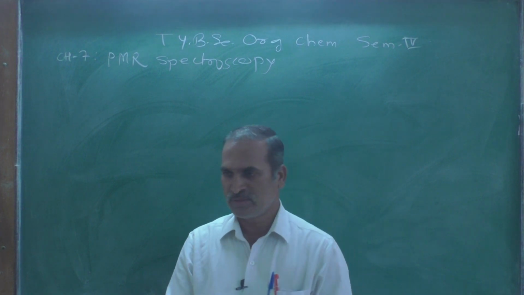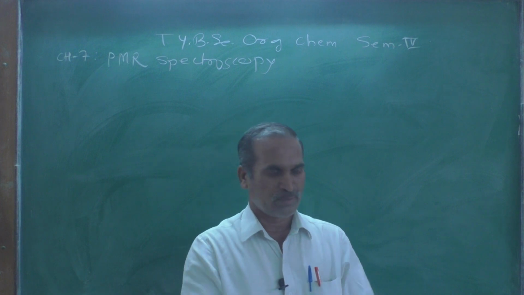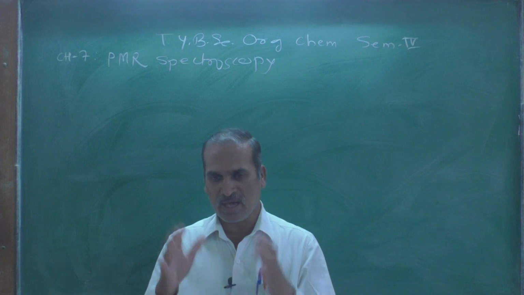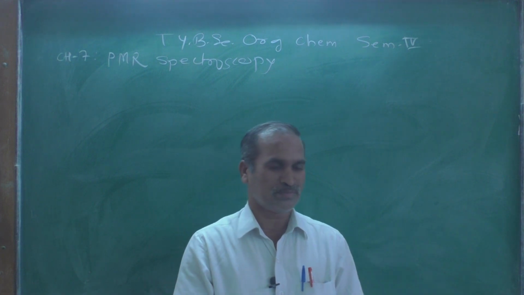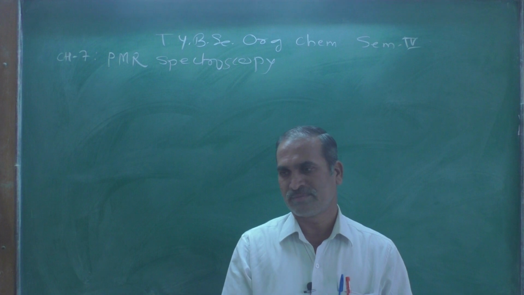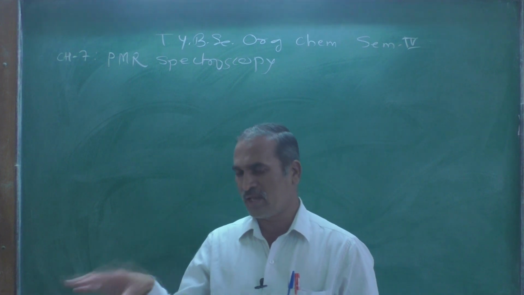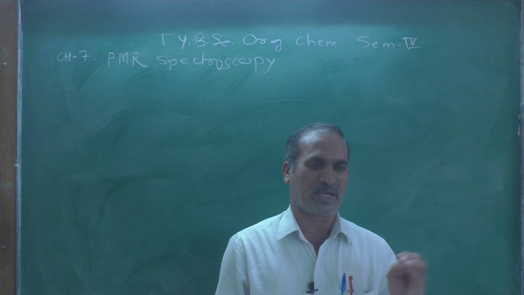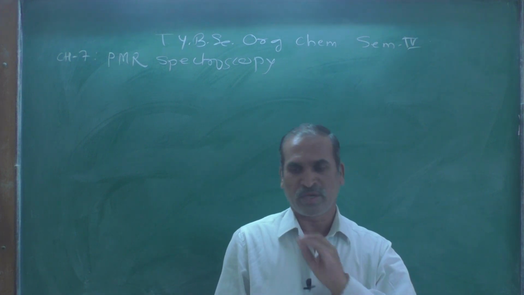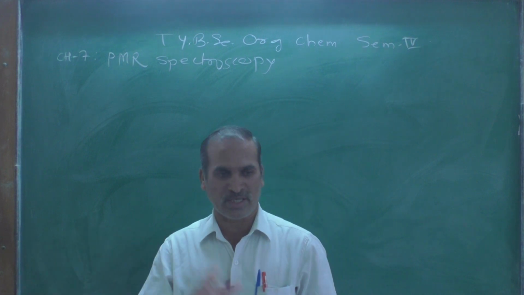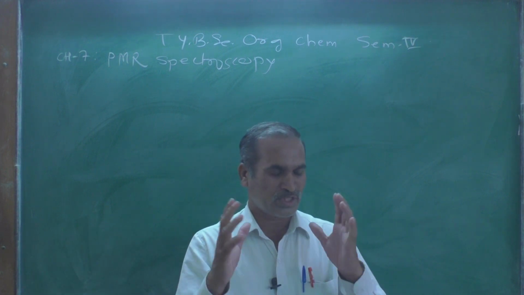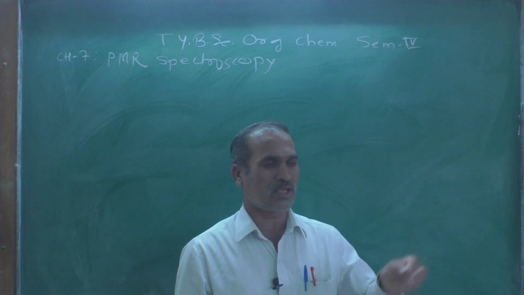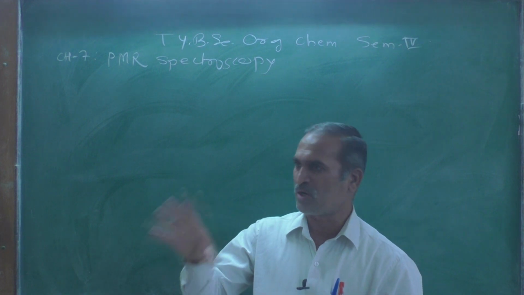For example, UV spectroscopy provides information about the carbon-carbon double bond present in the organic compound, whether it is present in a conjugated system or an isolated system. We get that kind of information very quickly from UV spectroscopy.